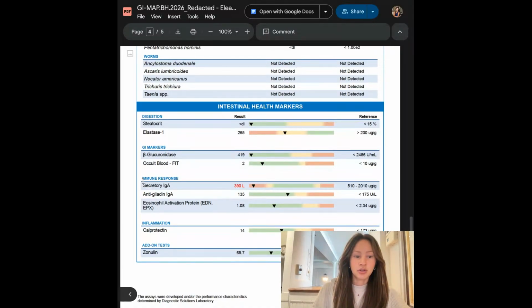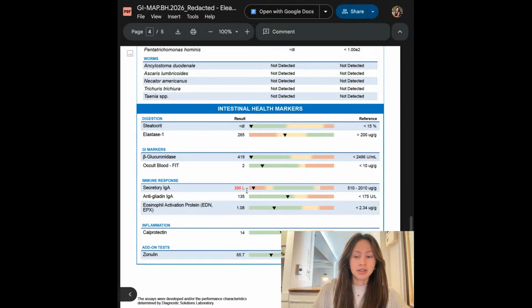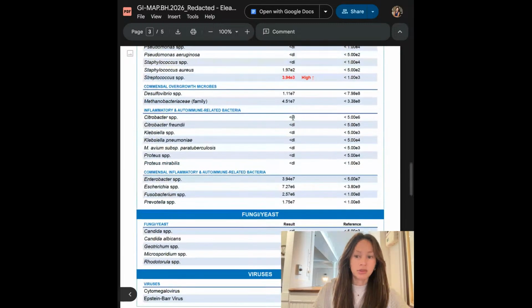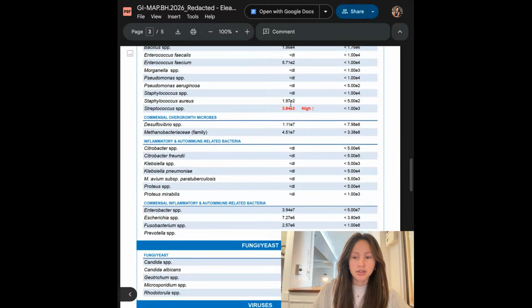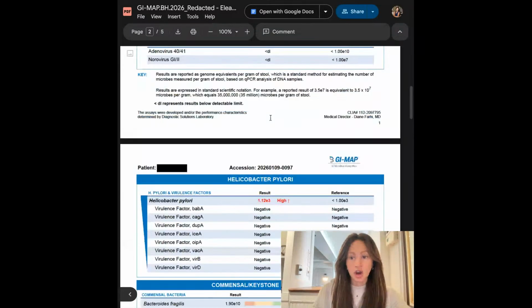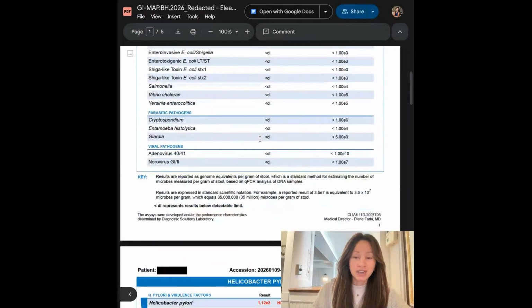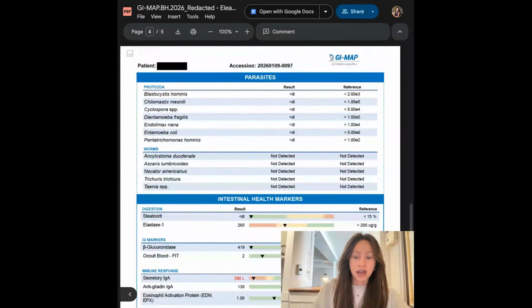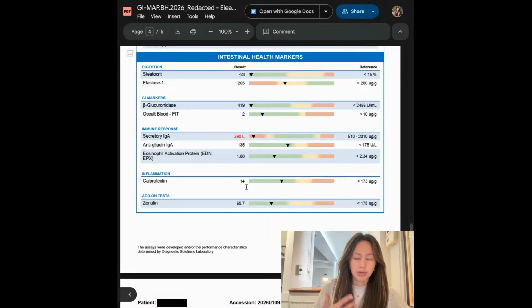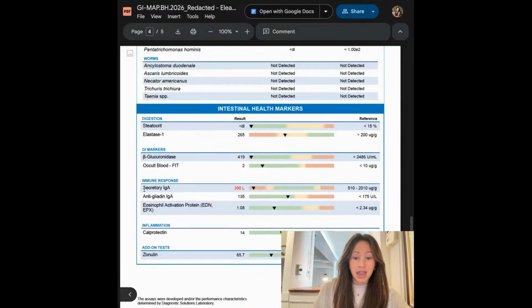But this is somebody who, whenever I see something low like this, the body doesn't really have that immune response to take care of some of the overgrowth that we're seeing here, like the streptococcus, or also this Campylobacter and this Giardia. So we can see that because he has some of those overgrowths and some of those pathogens present, it's contributing to what we're seeing here when it comes to our immune response.